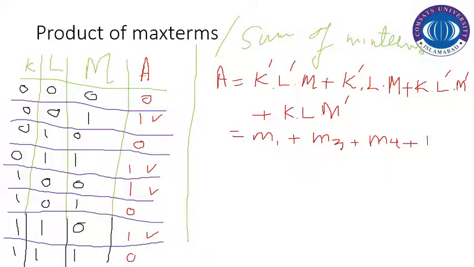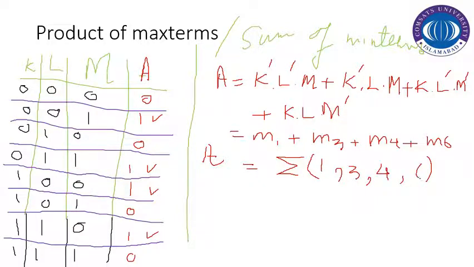We can also represent that Boolean function A equals, mathematically, using the summation symbol, and we will index those terms that are contributing 1 to the output: 1, 3, 4, 6. All these representations are equivalent, and they represent the sum of min terms.